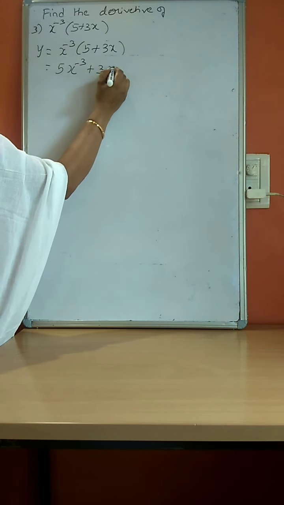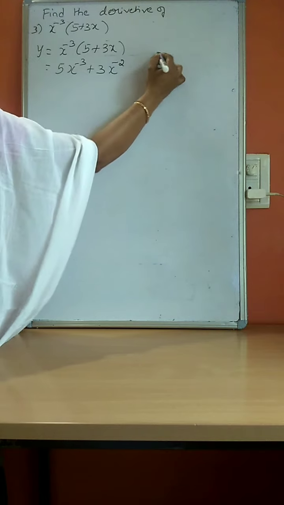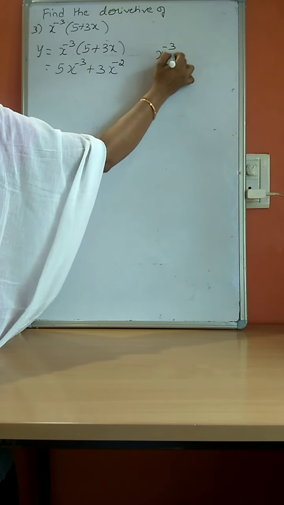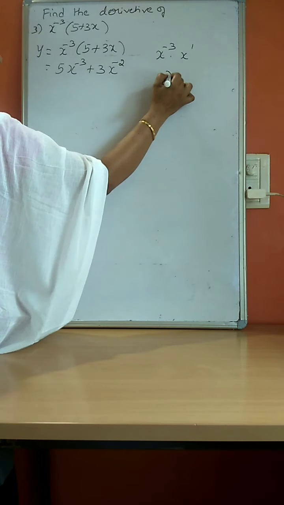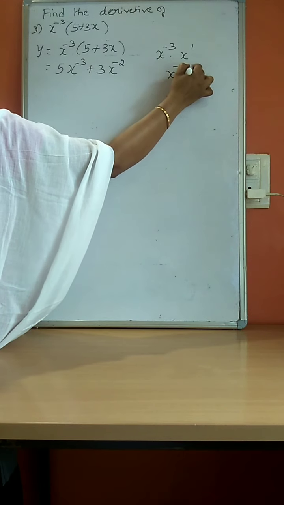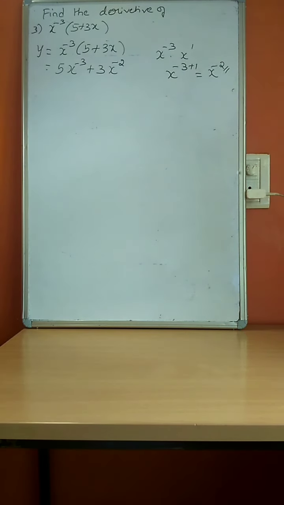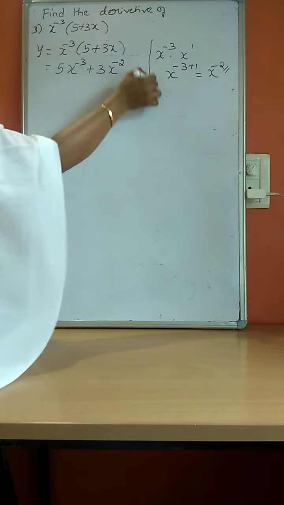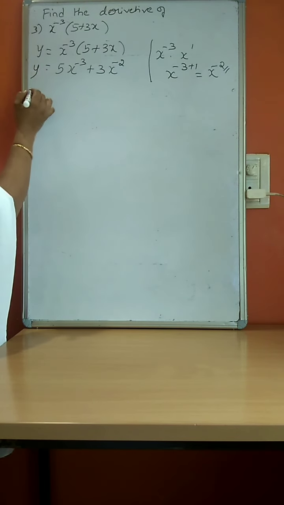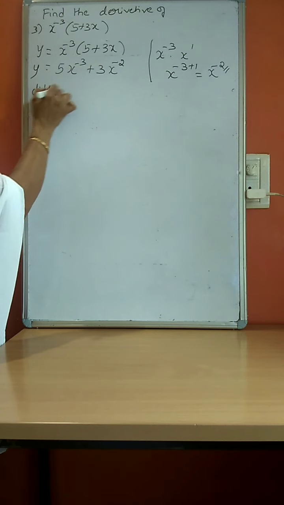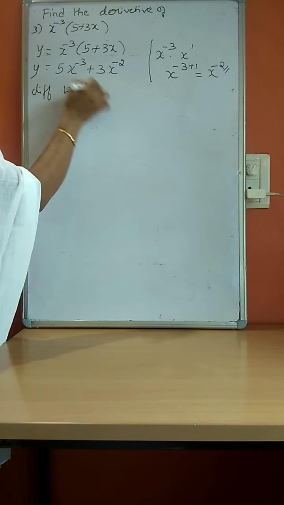This can be written as x to the power of minus 3 into x to the power of 1, that is x to the power of minus 3 plus 1, which is equal to x to the power of minus 2. Is it not? y is equal to, differentiate with respect to x.